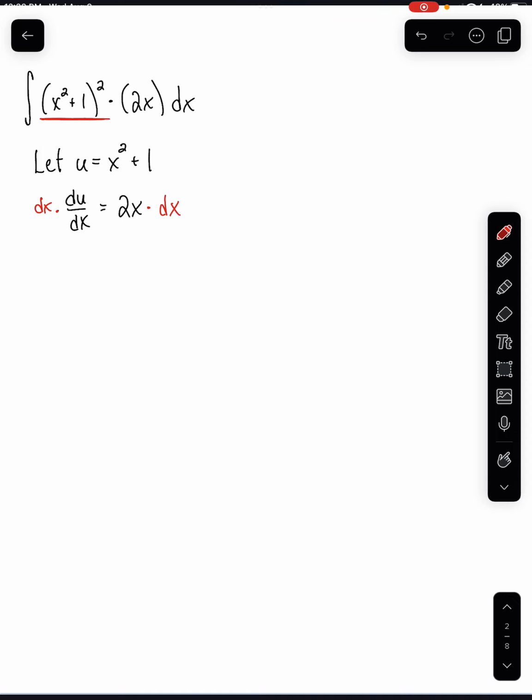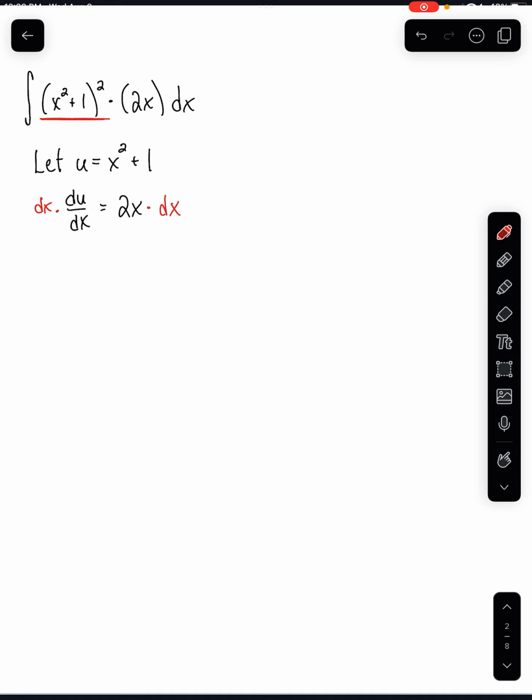But when we apply the limit and get the instantaneous rate of change, what we're looking at is an infinitesimally small change in the value of u and an infinitesimally small change in the value of x. So du and dx are quantities. They are infinitesimally small changes in the values of those variables.